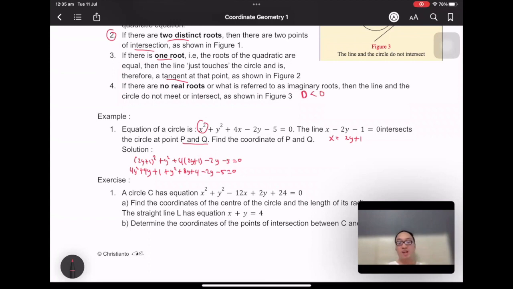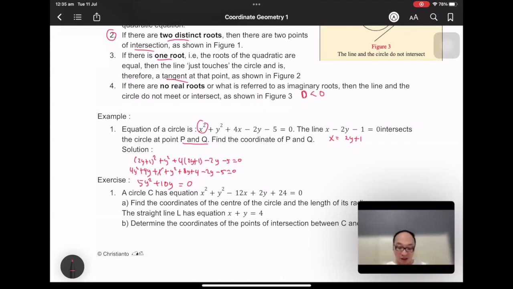And then I can simplify it into the quadratic equation. So it's 5y squared, plus 4y plus 8y minus 2y is 10y, and then 1 plus 4 minus 5 is 0. So it's 0.